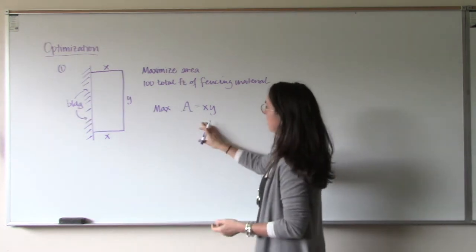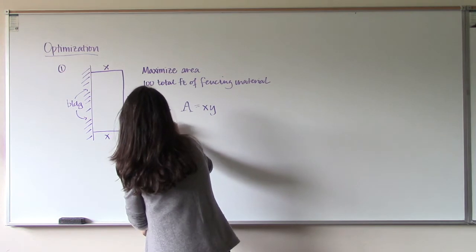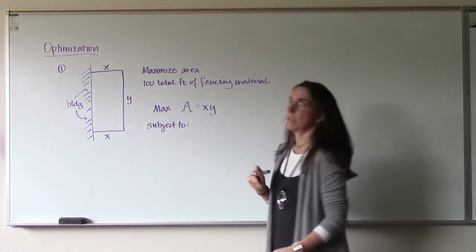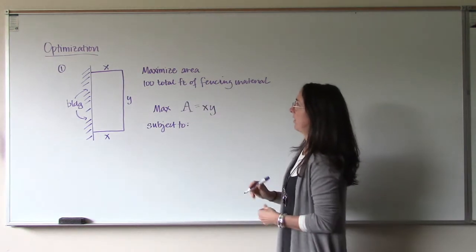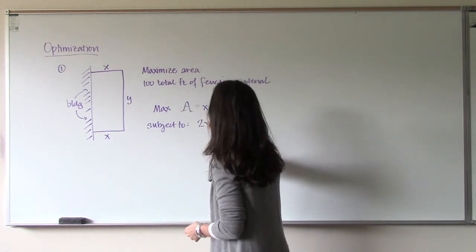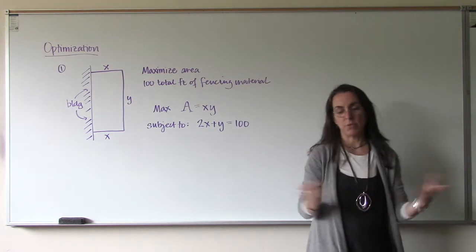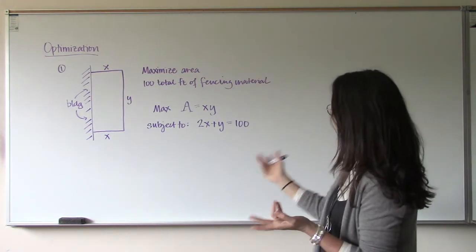So I want to maximize this, subject to a constraint. And the constraint is that we only have 100 feet of fencing, and so that's 2 x's and y. I'm assuming that if I use it all up, then that'll be the maximum area of the fence. Okay, so this is it.